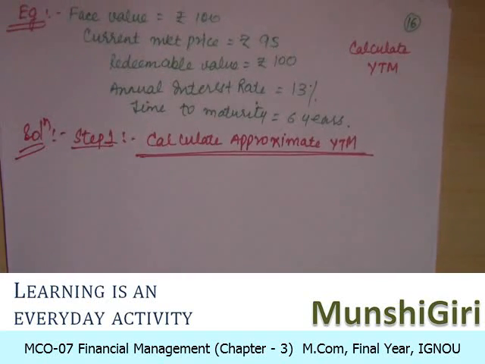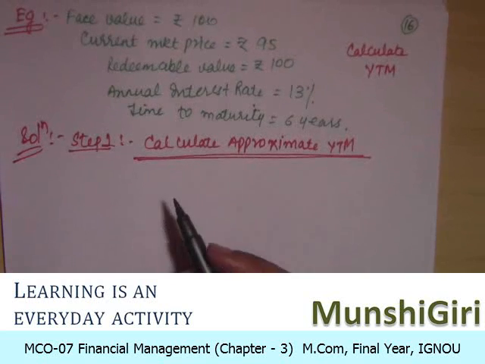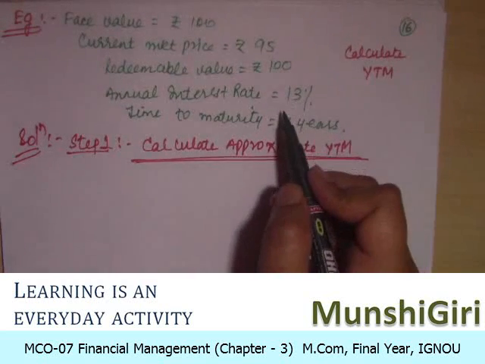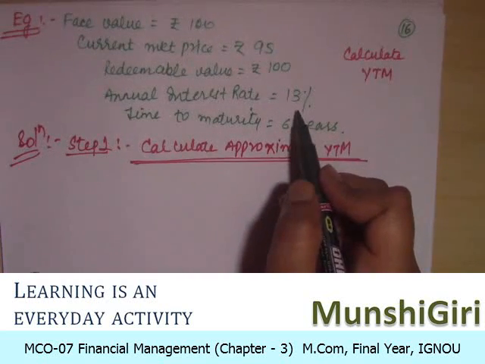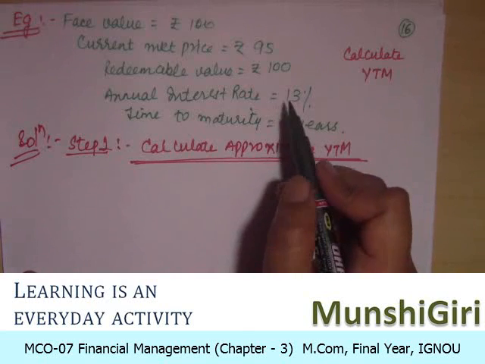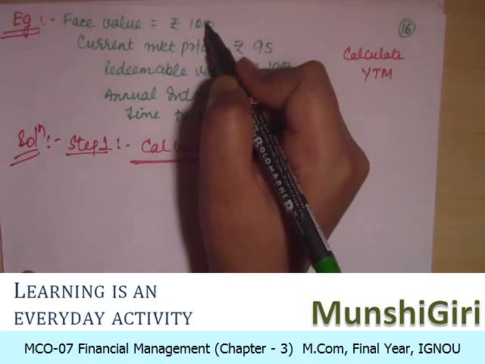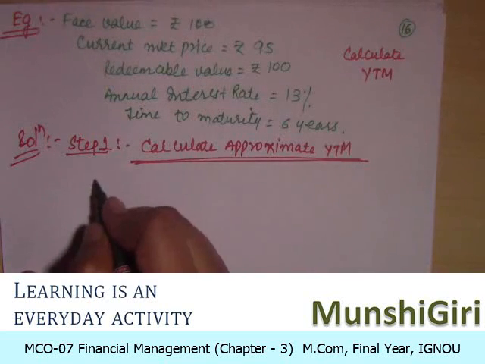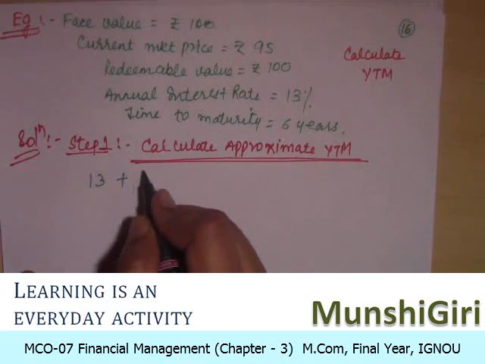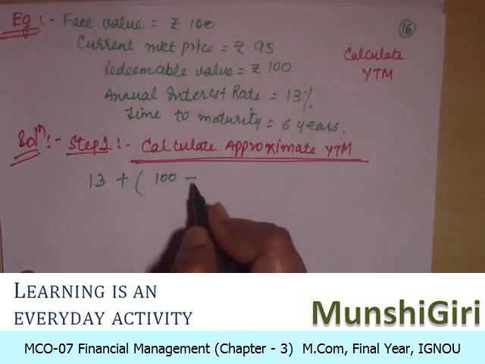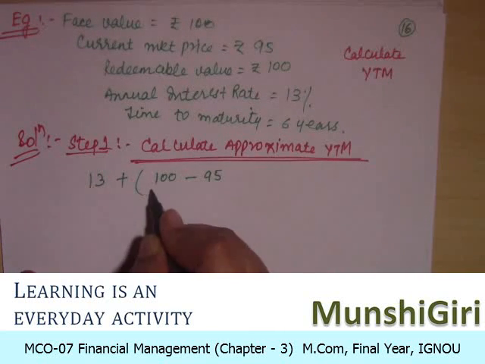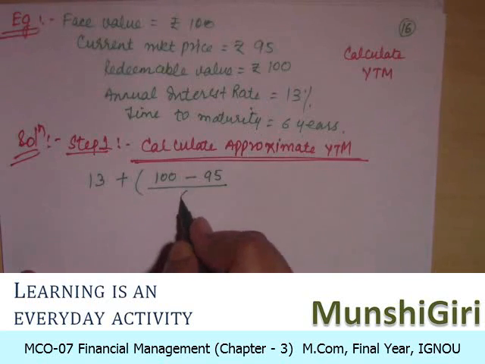Annual interest rate is 13%, so 13% on face value of rupees 100 comes out to be rupees 13. 13 plus redeemable value 100 minus market price 95 divided by life, which is 6 years.